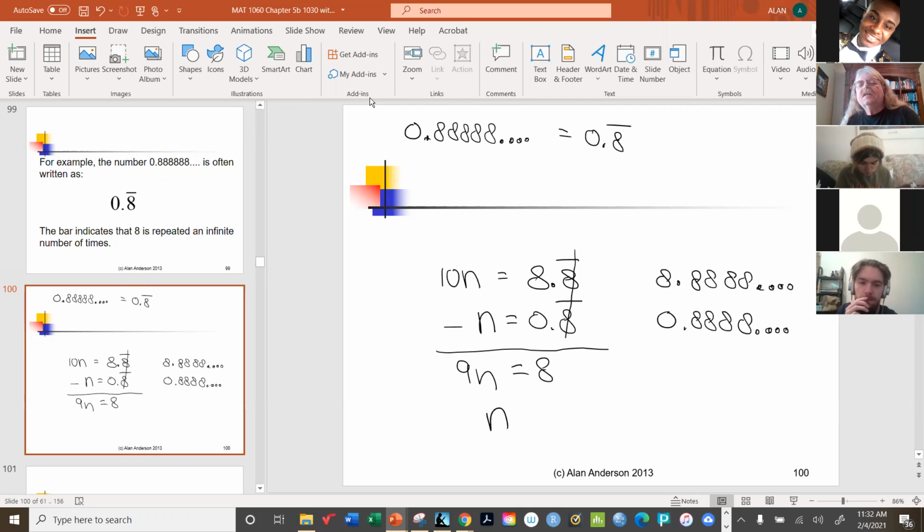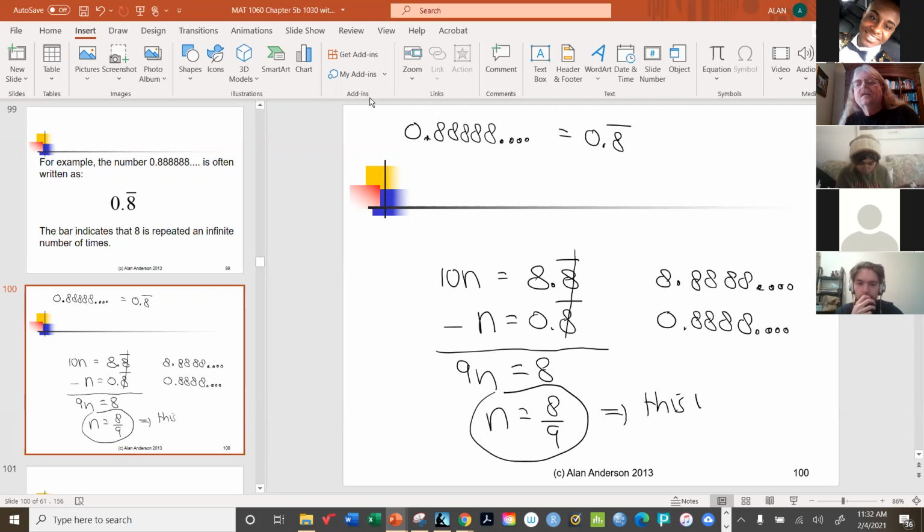So all of a sudden, look how simple this turned out to be. This messy looking value turned out to be 8/9, which is clearly a rational number. Because it's 8/9. And of course, 8 and 9 are integers. Wow, that was clever.